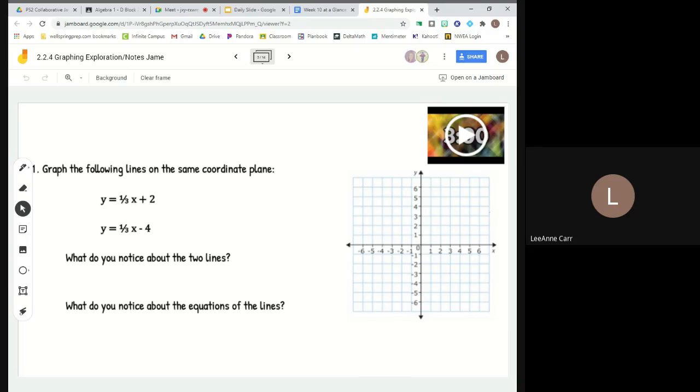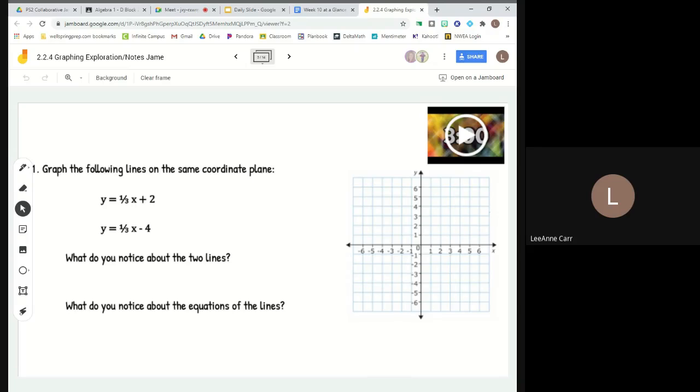And b is going to be 2, and b is the y-intercept. That's what you're going to start with. Since b is 2 on your graph, you're going to put it at 2 on the y-axis. And then your slope tells you how to move. So 1/3. There you go. Good job. Then follow the same process for the second equation.